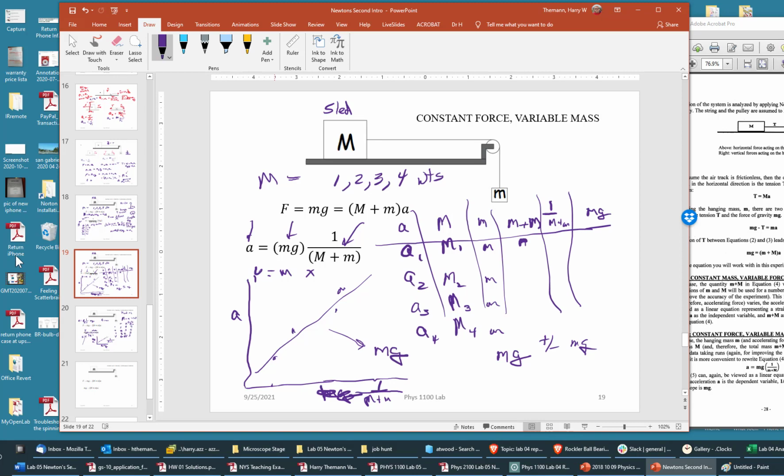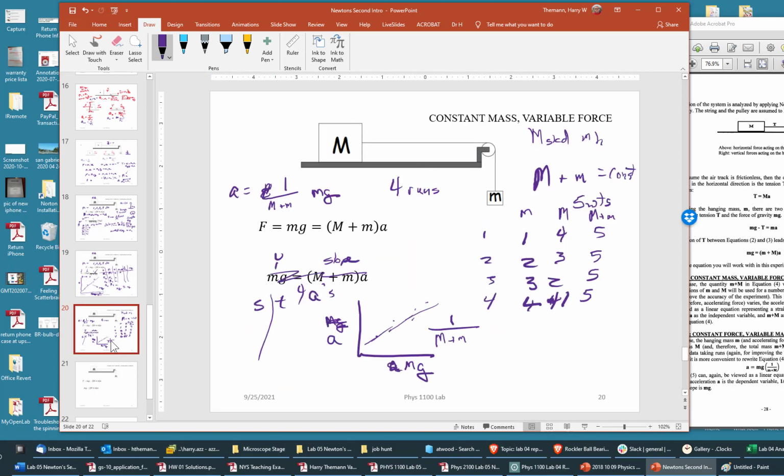So that'll be a positive slope if Newton's law is correct. Obviously, F equals ma is pretty straightforward. There's force, there's a. So this should also equal a straight line.